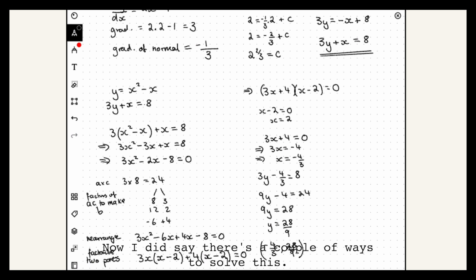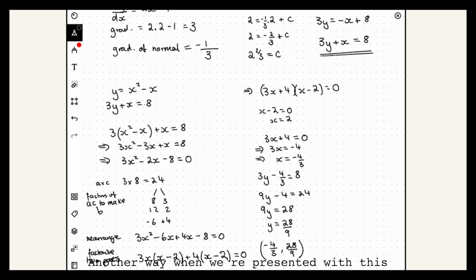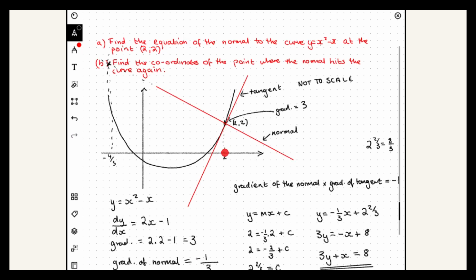Now, I did say there's a couple of ways to solve this. Another way, when we're presented with this here, is to say that we already know that x minus 2 is a factor because we know that it passes through, or this is one of the points here.